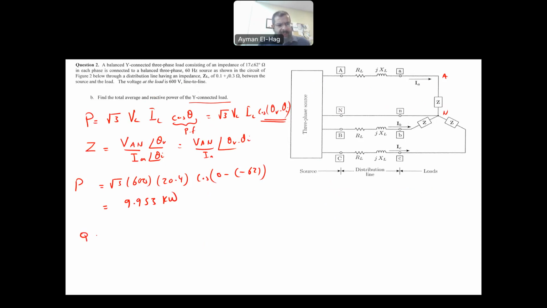Q, on the other hand, is the same thing, but it's a sine. So it's root 3, 600 times 20.4 sine of 0 minus 62, and this will give me 18.72 kVAR. So that is the load, the real power and the reactive power on the load side.